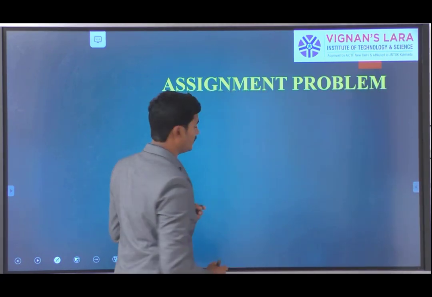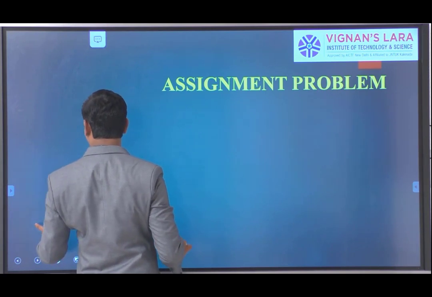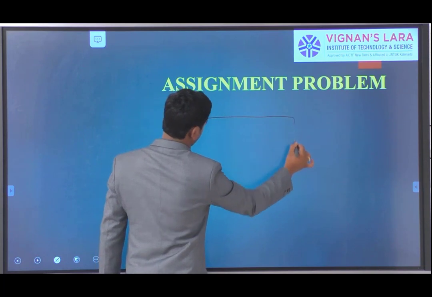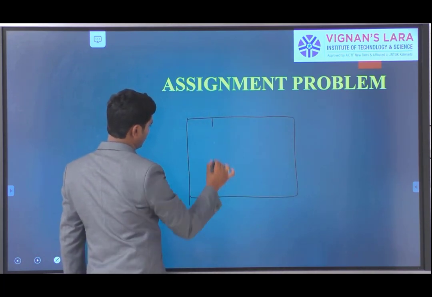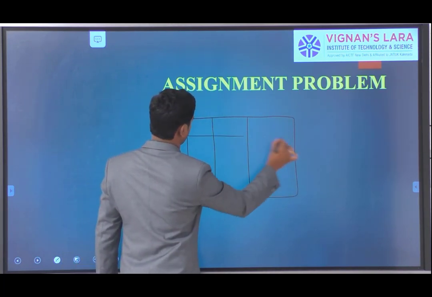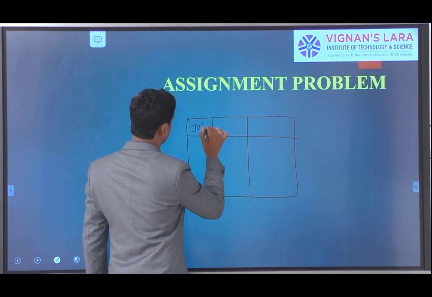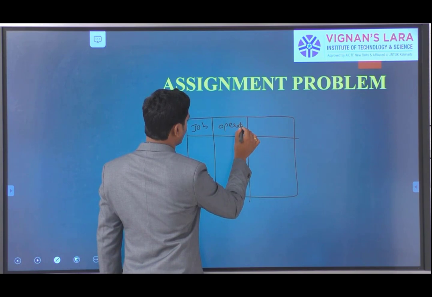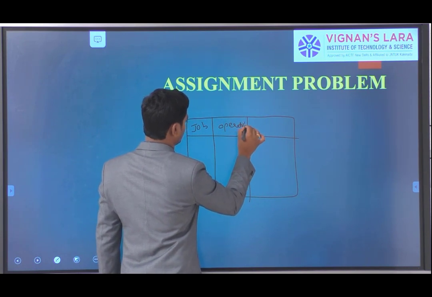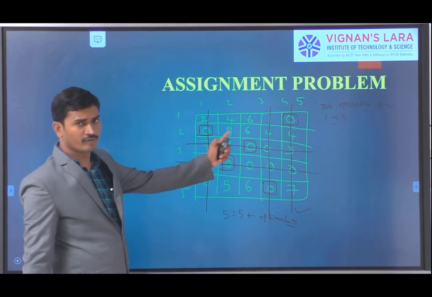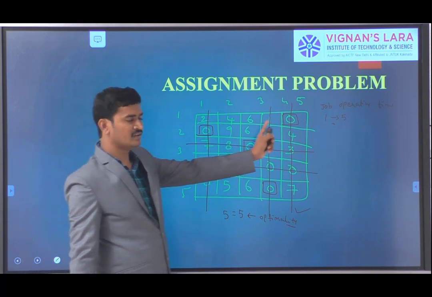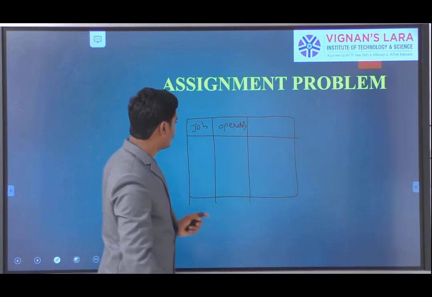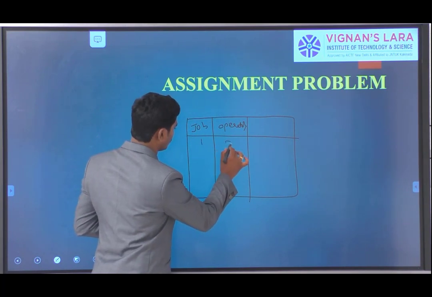Alright. Now I am going to calculate the optimal solution by the help of the table. Okay. Here. Job operation or operators. At first job, who performed the first job? First job is performed by fifth operator. Because here we have the allocation. So fifth operator. First job, fifth operator.